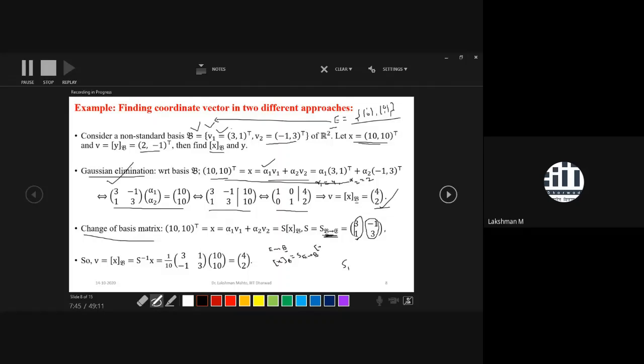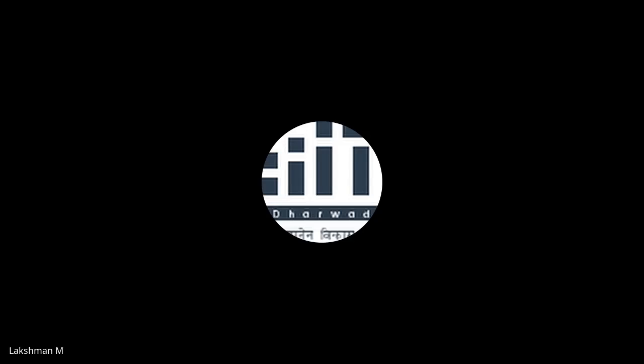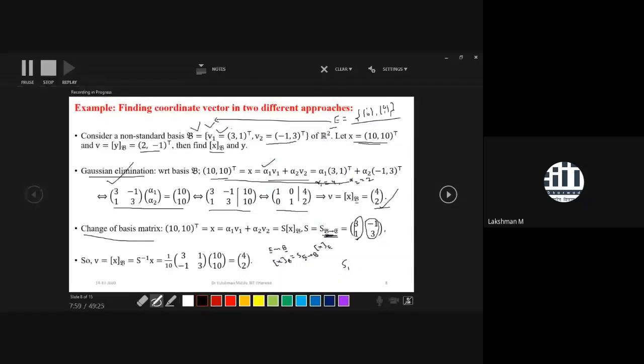What would be the old coordinates of x? That means the coordinates of x with respect to basis E. But remember that, for simplicity, we haven't calculated the change of basis matrix from E to B. We have calculated the change of basis matrix from B to E, and we know this one is just the inverse of that one.